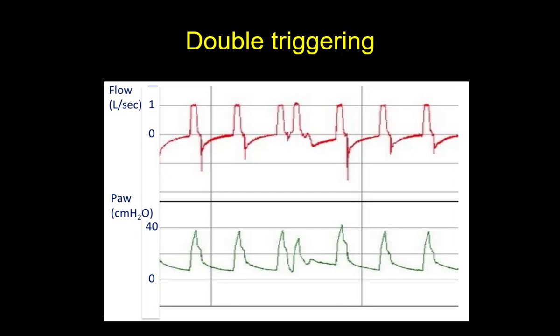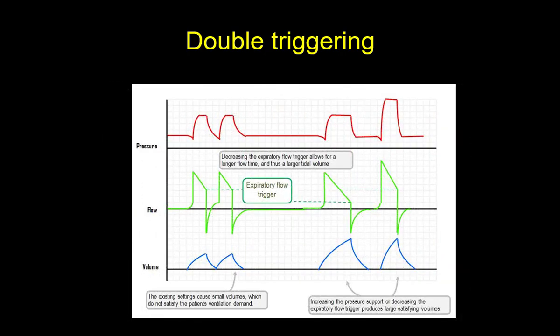Okay, double triggering. Now you see, one breath, two breaths, suddenly two breaths together, and then one. So here, what's happening is that two breaths are being triggered in one single cycle. If we have an expiratory flow trigger, as I said, 25% is the baseline, but we can always set this baseline differently.